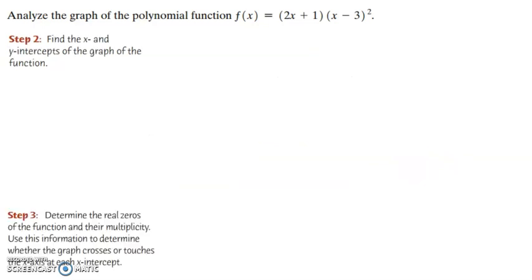For step 2, we want to find the x and y intercepts of the function. So let's go ahead and do the x-intercepts first. Keep in mind when you're finding x-intercepts, your y value is going to be equal to 0 in that case. So that's the same thing as setting our entire function equal to 0.